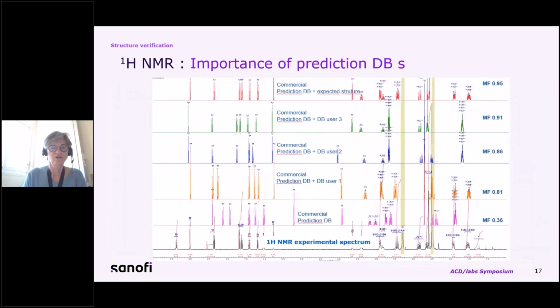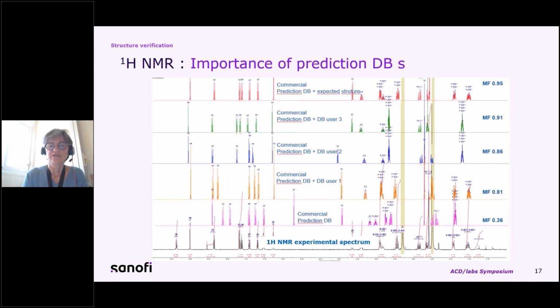Another example, just to show you the importance of the prediction database. On the bottom of this slide, you have an experimental spectrum, quite a complex one. And then you have a predicted spectrum only from the commercial database. And you can see that the match factor calculated when we compare the two spectra is quite bad.